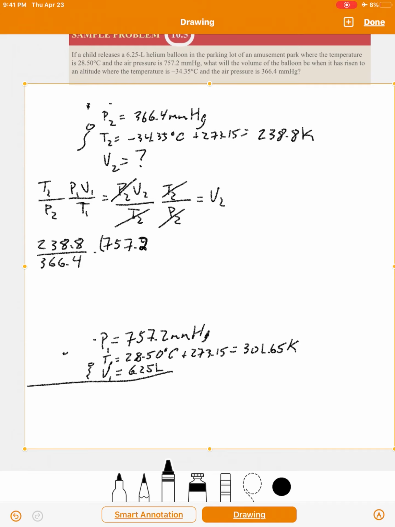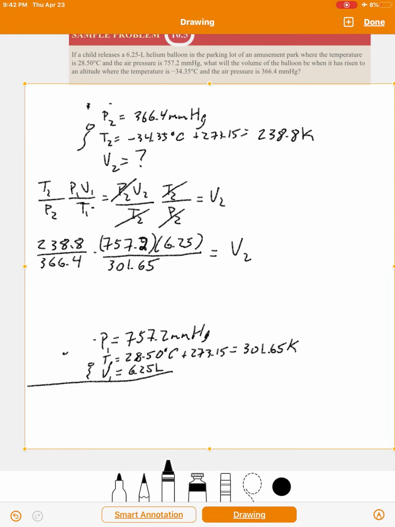Let me put that in parentheses. V1 is down here, 6.25. And then we need T1. T1's down here, 301.65. And then that's going to give you V2. So how are we going to do that? That's a lot of numbers there.